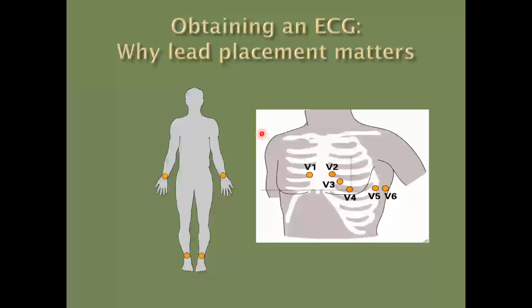And in the next picture, I'll be honest, this is how we did it when I was a new nurse. We put them down. We said, you've got to put them down on the limbs. But what we found was when we did that, we had a lot of artifact. Think about your patients in the back of the squad. Are they moving around? And how well a tracing can you get with your patient moving around?